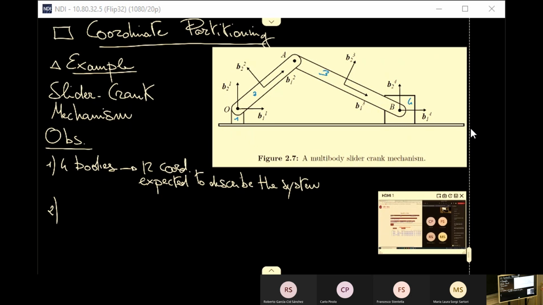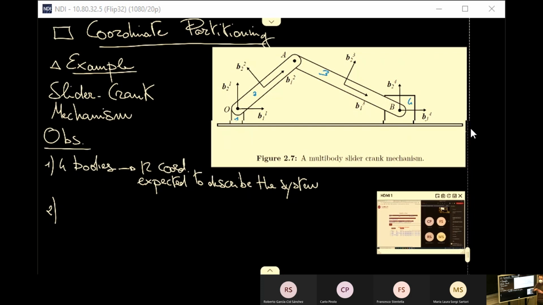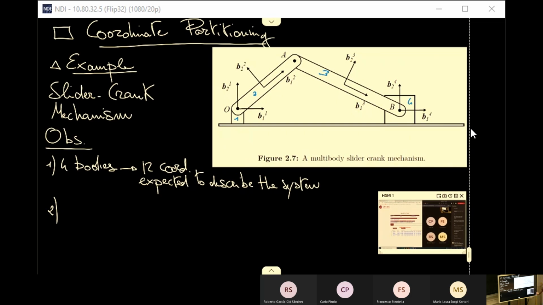I'm not talking about the number of equations; I'm asking the number of constraints as a whole. For example, here I see a revolute joint, that's a hinge. In this case, it's a composition of 2 scalar equations. But apart from the number of scalar equations which represent each constraint, how many constraints do you see here? 5.